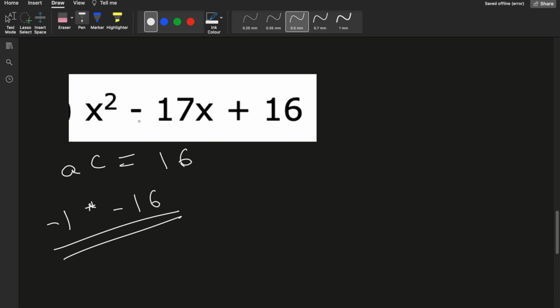This is also valid. If the number is positive and the factors are negative, try to write negative into negative. But if this was plus, you would have written 1 into 16. So now it's negative 1, negative 16. We have multiplied that and we get 16. So now we have to add these two. Minus 1 plus minus 16, that's minus 17. So that's what we've got.